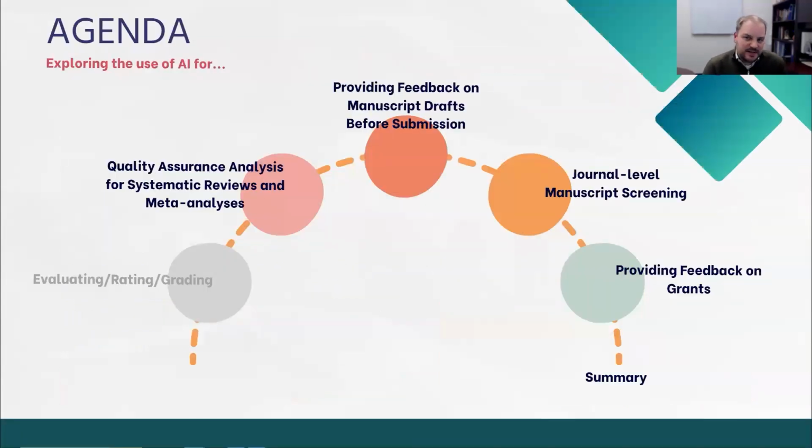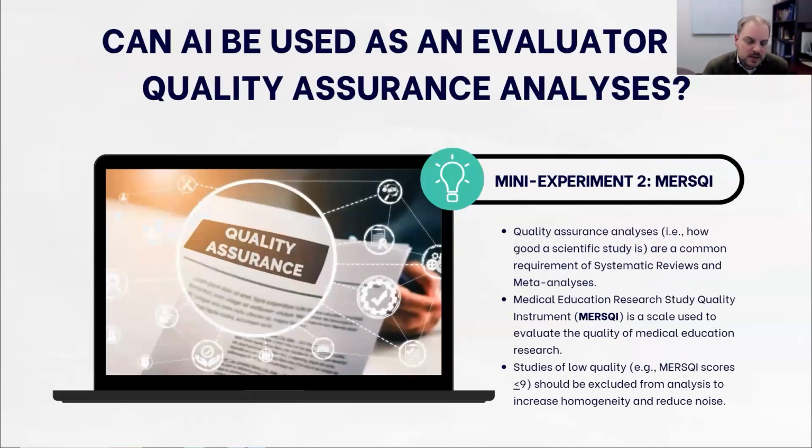All right, now let's look at a slightly different use case whereby we used AI for conducting quality assurance analyses. So the generally positive outcomes from our first experiment encouraged me to really think about other similar uses of AI and how I could implement AI in the current research that I'm doing and in my current research practices.